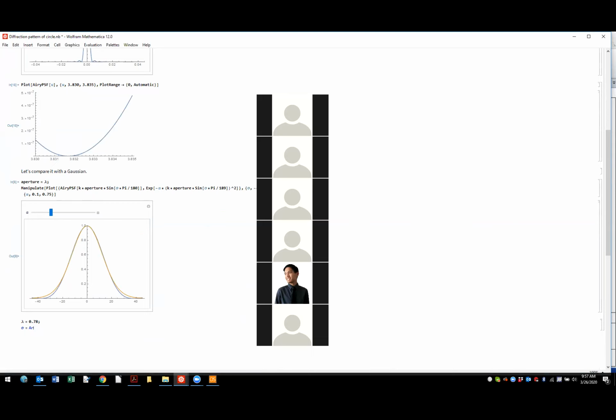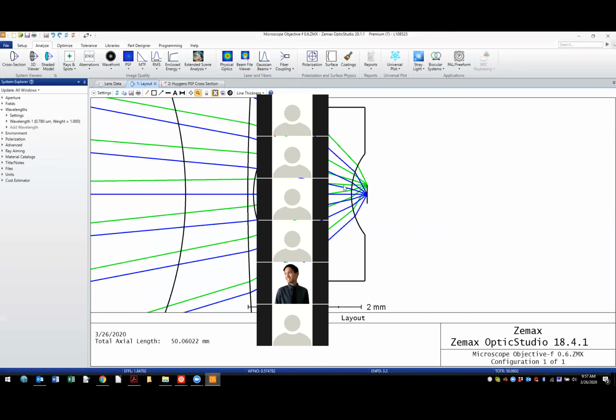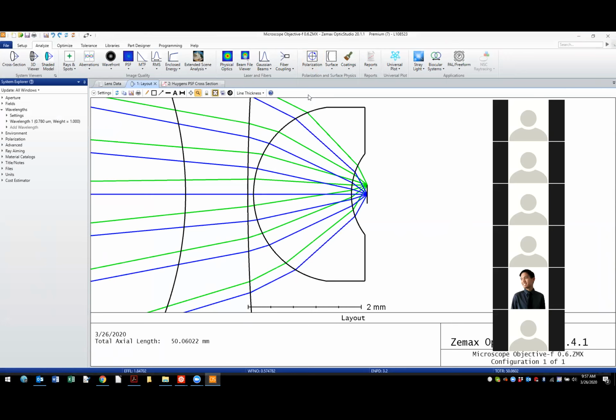Theta would be the arctangent of delta y over delta x.